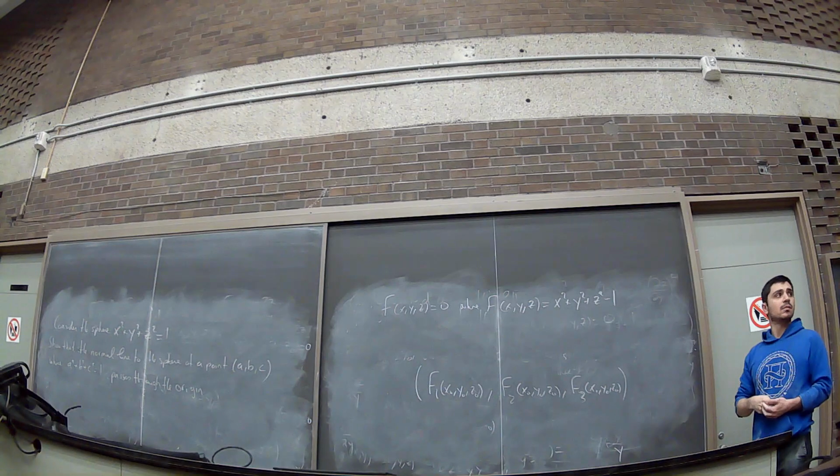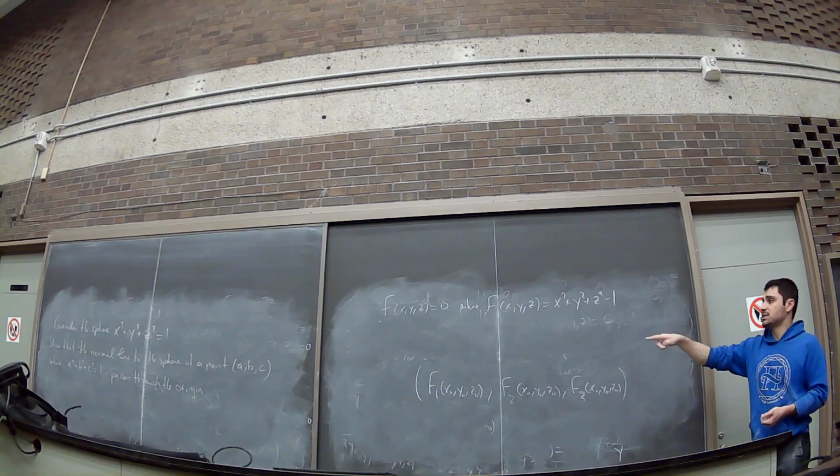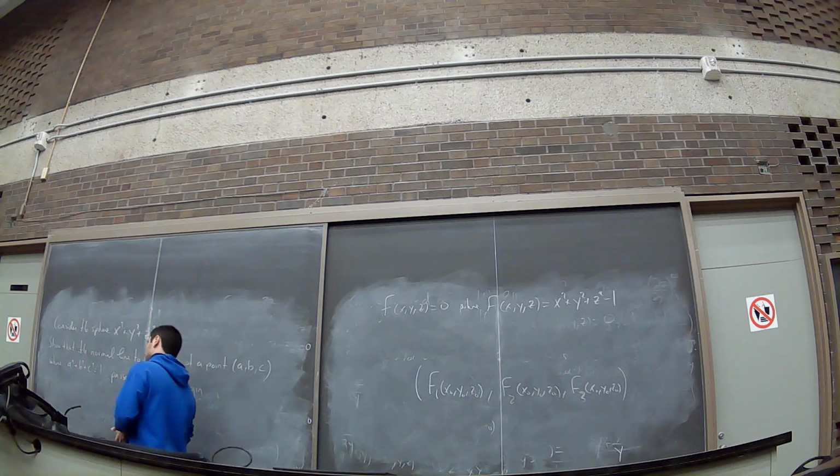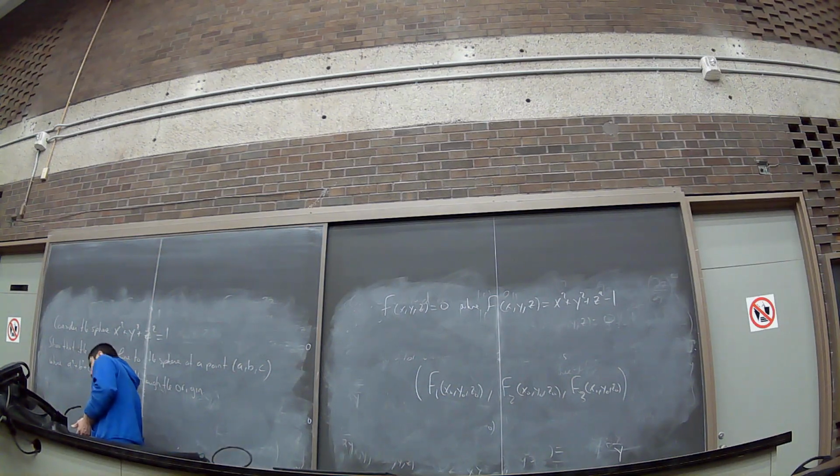Everybody agree? Now, what's the normal to my sphere at the point (a, b, c) that belongs to the sphere? What is the normal at this point? It's written just in front of you.